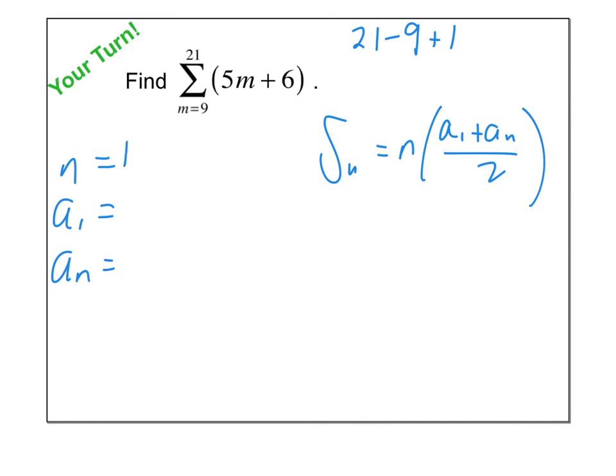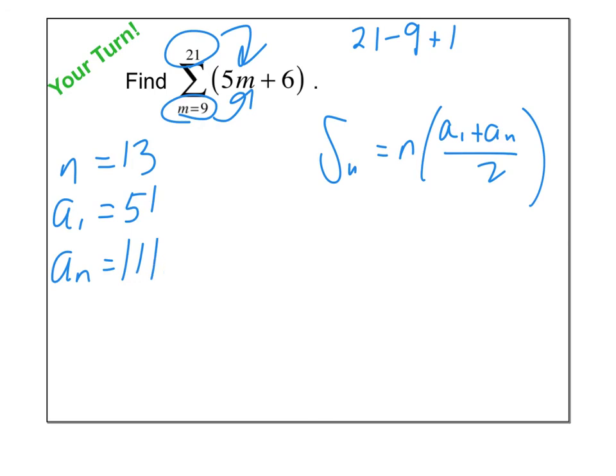So there are 13 terms in this particular sequence. The first one is when we take 9, substitute that in for m. So 5 times 9 plus 6 is equal to 51. The nth term, 21, plug that in for m. 21 times 5 is 105, plus 6 more is 111.